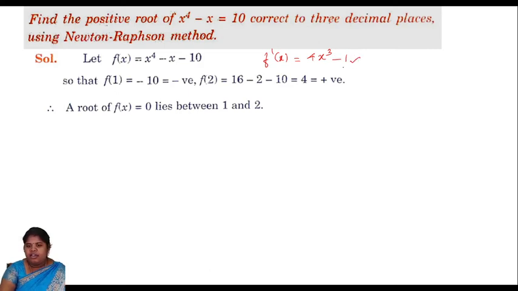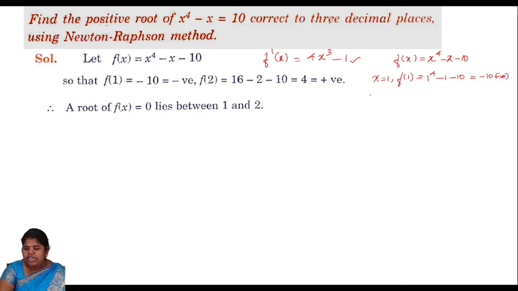Now we are going to find a root which lies between the points A and B. The given equation is f of x equal to x power 4 minus x minus 10. If we substitute x equal to 1, f of 1 is 1 power 4 minus 1 minus 10, which is minus 10, a negative value.